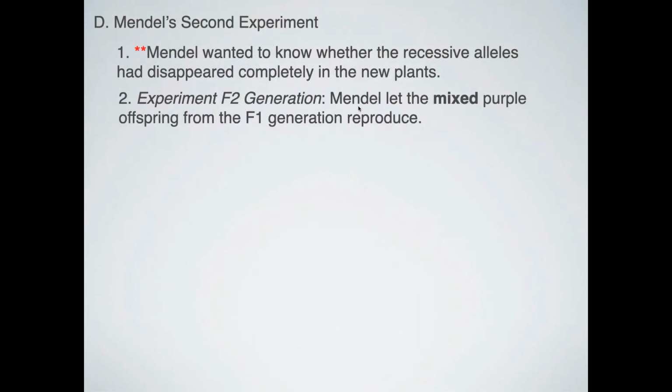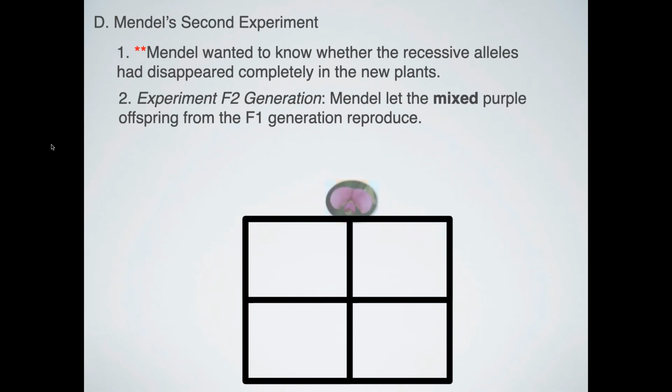And so Mendel is letting the mixed purple offspring breed. So at this point, now they're no longer pure. The parental generation, the P generation, was pure. The F1 generation, we're not sure, right? Because they are the children of purple and white flowers. So again, we have purple flowers, but they're mixed.